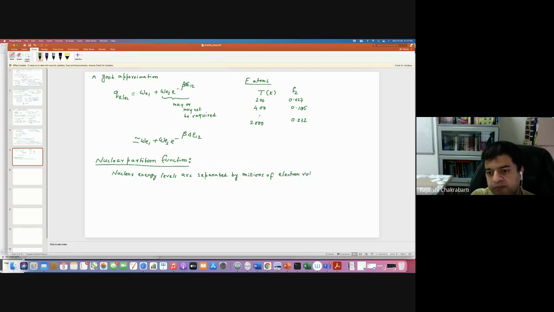Then what should be the approximation? A good approximation would be your nuclear partition function. The ground state is just 0, I assume, and the degeneracy of that ground state, okay.